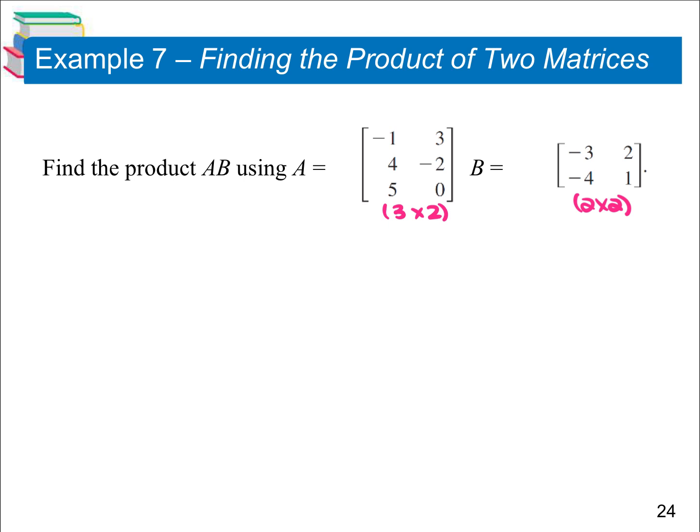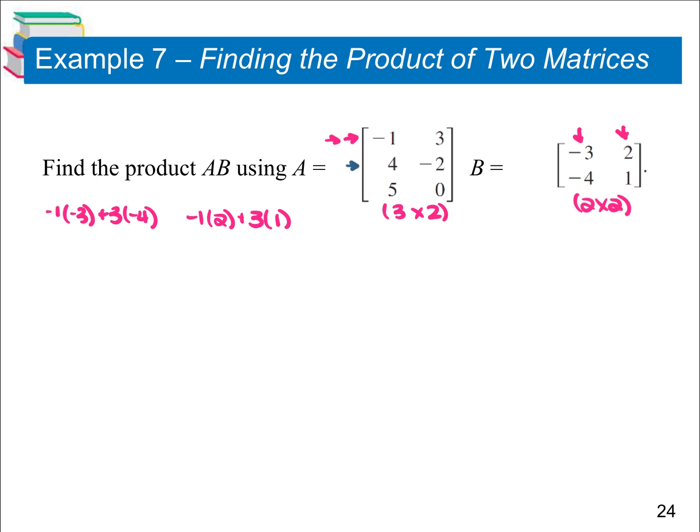So we're going to start with first row, first column. That's -1 times -3 plus 3 times -4. Then we'll go first row, second column. So that's -1 times 2 plus 3 times 1.